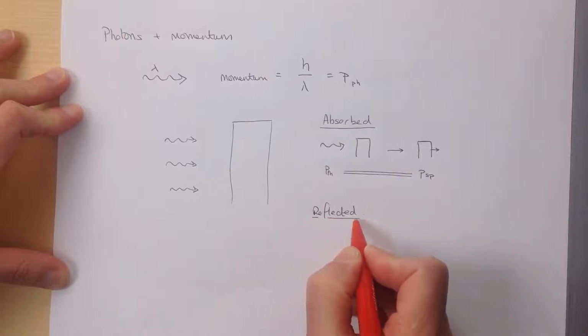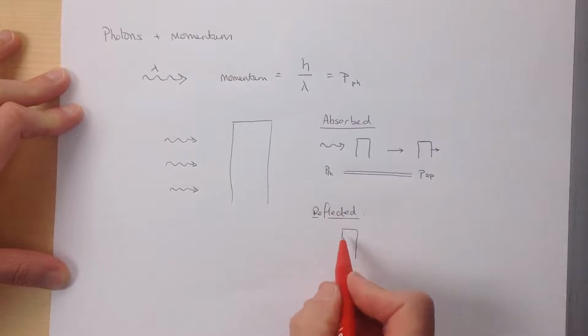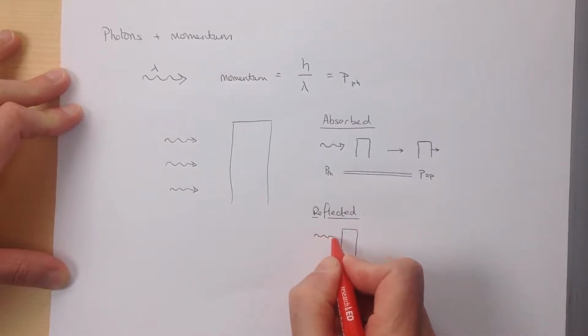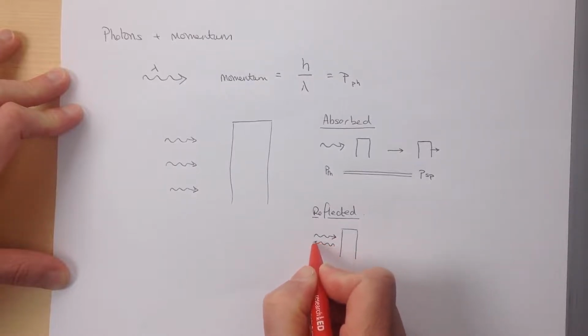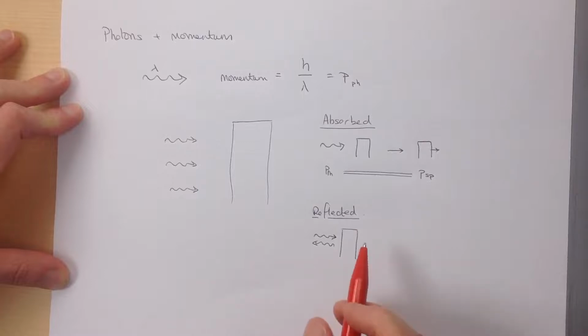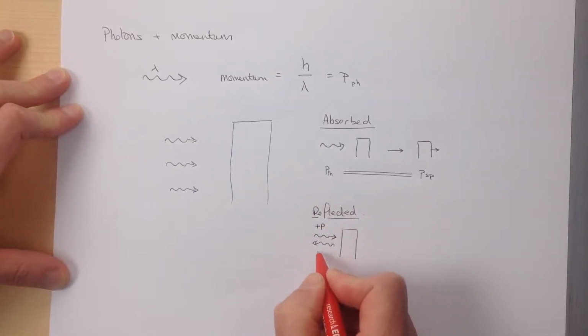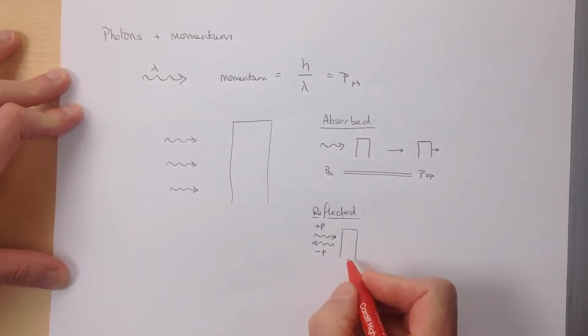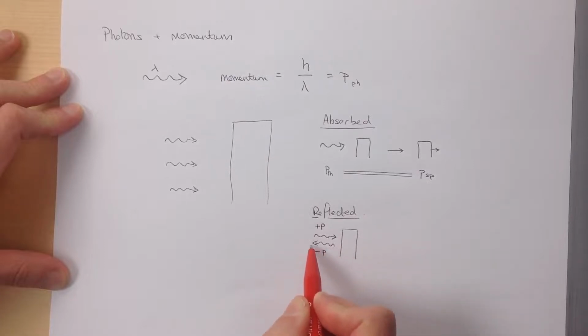If things are reflected though, and so here again we've got our solar panel, maybe it's different in terms of material this time, or it might be something that's shiny. We've got our photon comes in, but if it gets reflected, it goes along the same path. Now, we've got to remember that momentum, because it's got velocity in it, is a vector quantity. And so this might be positive p, but this here would be minus p. Now, it's a bit difficult to show on here the way I've done it, but this has gone and hit this. This is now reflected back.